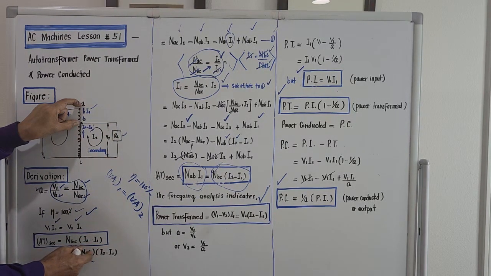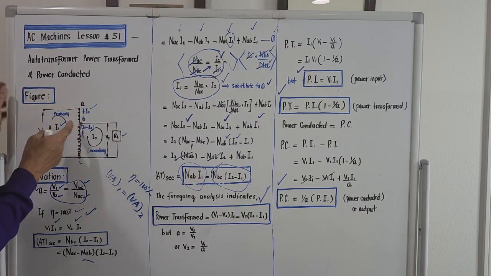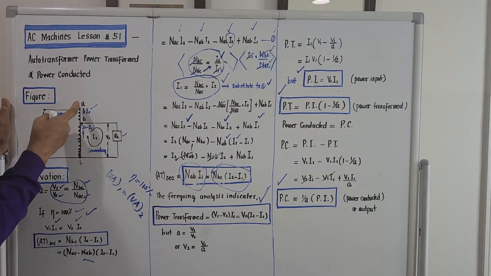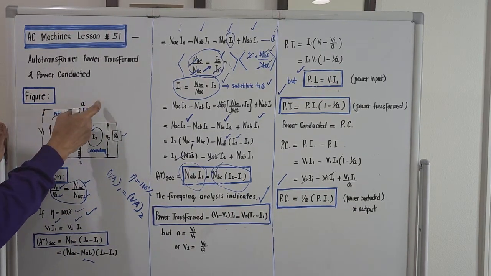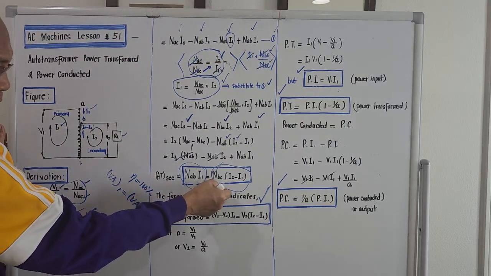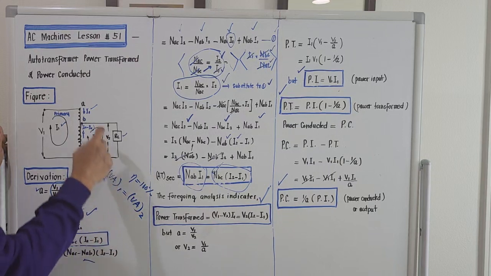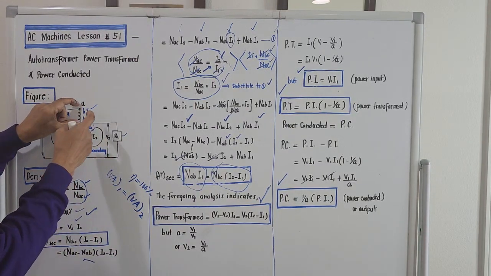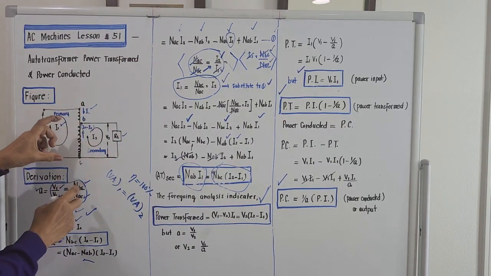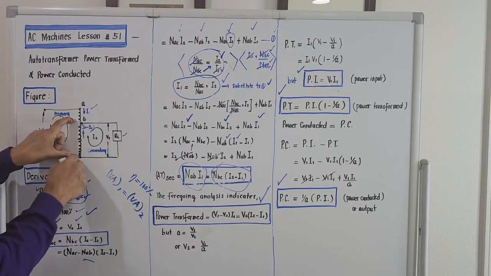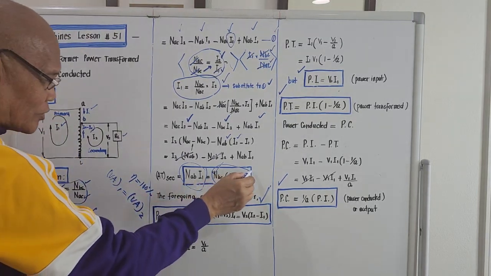So NAB I1 should be equal to NBC I2. We have proven that the number of turns times the current passing here should be equal to the number of turns here times the current passing here. That's why we came out with this one.